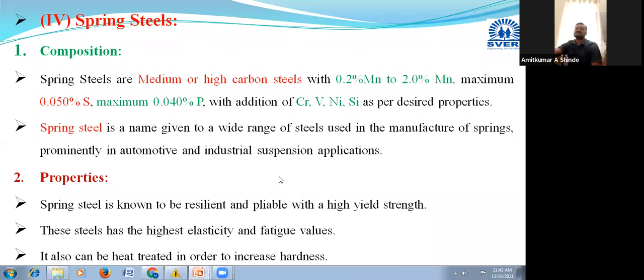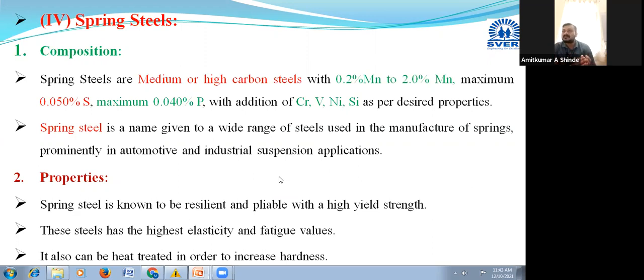Spring steels are medium carbon steels or high carbon steels with 0.2 to 2% manganese. Okay, then a very small amount of sulfur and phosphorus, 0.05% sulfur and 0.04% phosphorus.